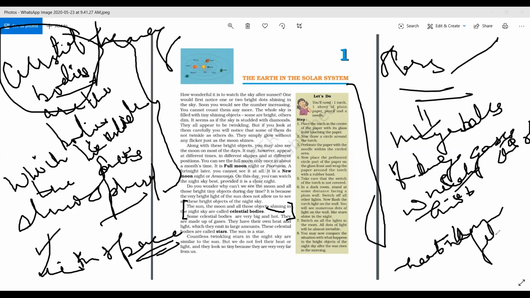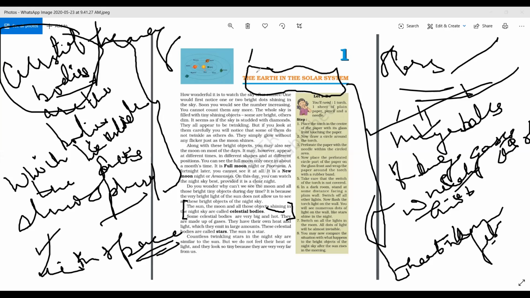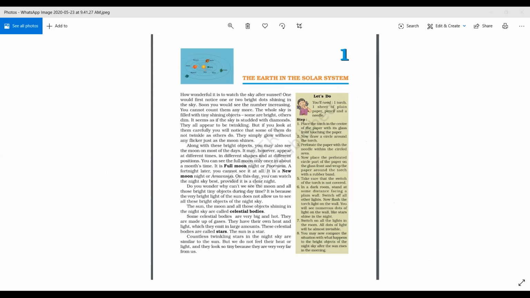So the sun is a star because it has its own heat and light, and it is the brightest object in the whole solar system. Is it clear? Are we clear till here? Let's move on to the next page.